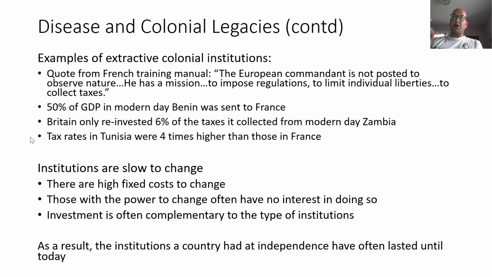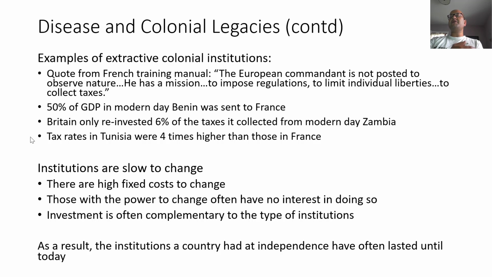This allows a small group of elites to rule over a subjugated majority. And so those small group of elites, they have no interest in increasing property rights. They have no interest in improving transparency or allowing for more economic and social mobility, because doing those things threatens their positions of power.